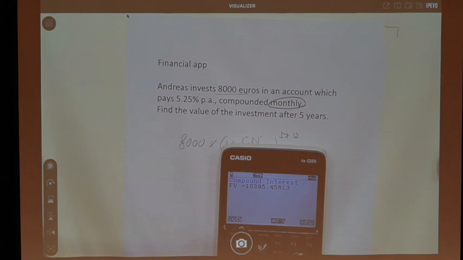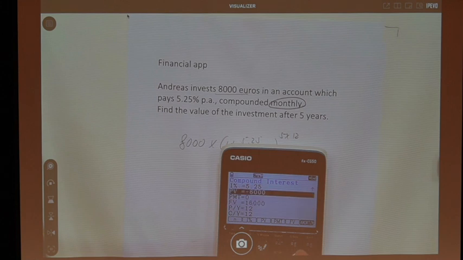Alright, for example, this time I want to know how long it takes for me to double the amount. So present value is negative 8,000 and the future value will be 16,000.